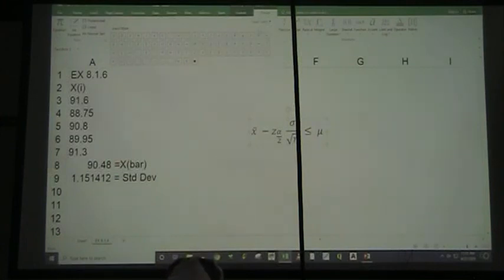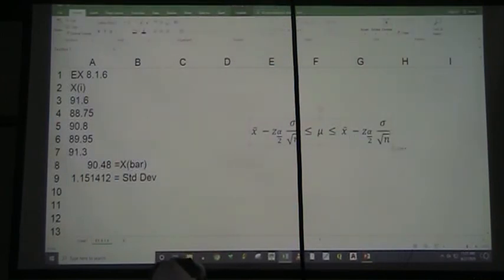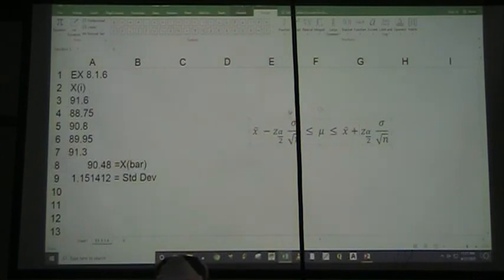Now, this part of the equation over here is X bar minus Z alpha divided by 2 times standard deviation divided by square root of n. On this side, the only difference is it's going to be plus Z alpha divided by 2. So I'm going to just copy, paste, and change my minus to a plus sign.